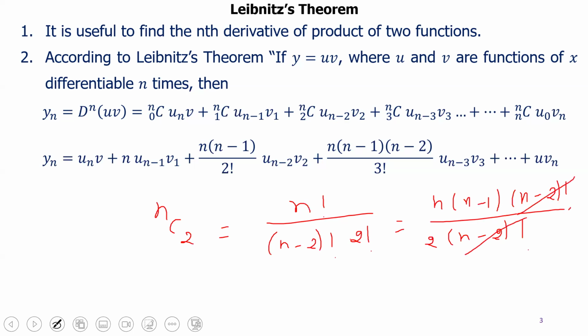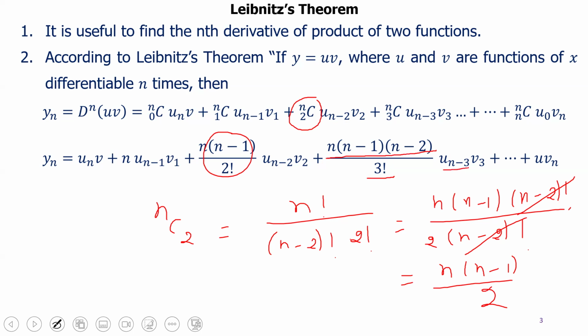The (n minus 2) factorial cancels and we have n into (n minus 1) upon 2. Similarly, nC3 is n into (n minus 1) into (n minus 2) upon 3 factorial.